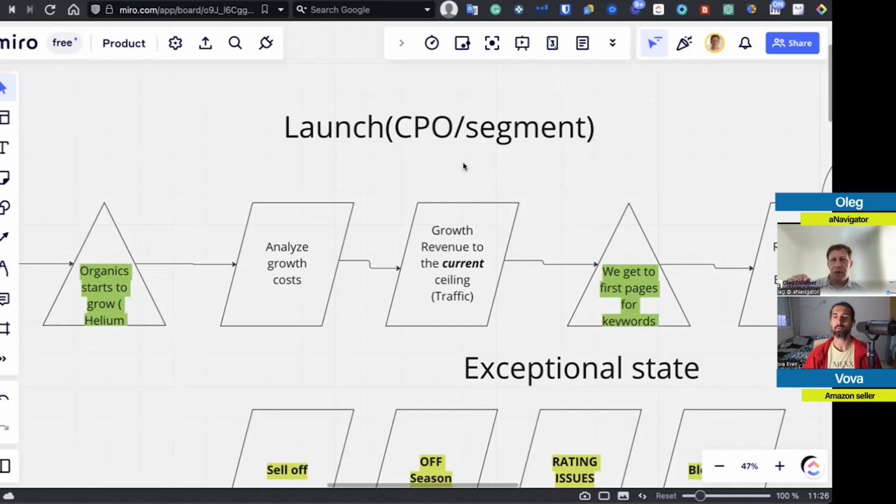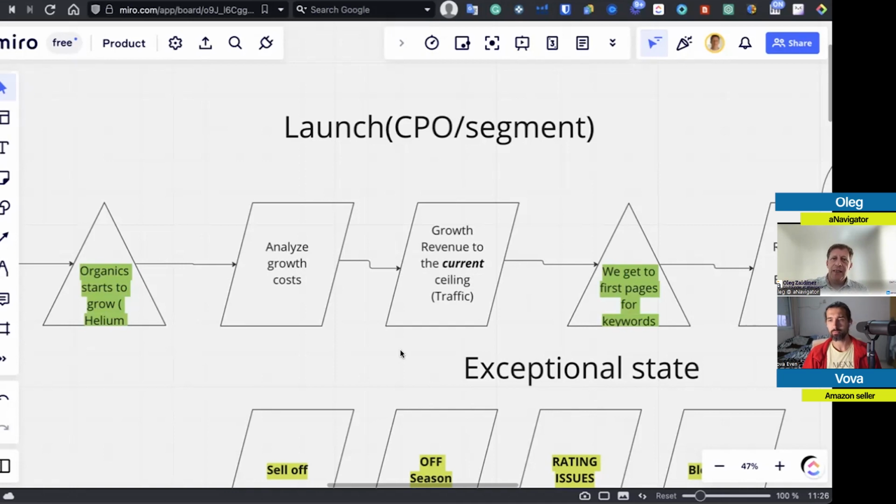Your conversion with one segment will be much higher, and with another segment less good. Those segments have different volumes. Grill brush will probably be the biggest segment, and conversion in general will be lower because it's a more general term. People have something else in mind, but they just put grill brush, so overall conversion for this term will be lower.